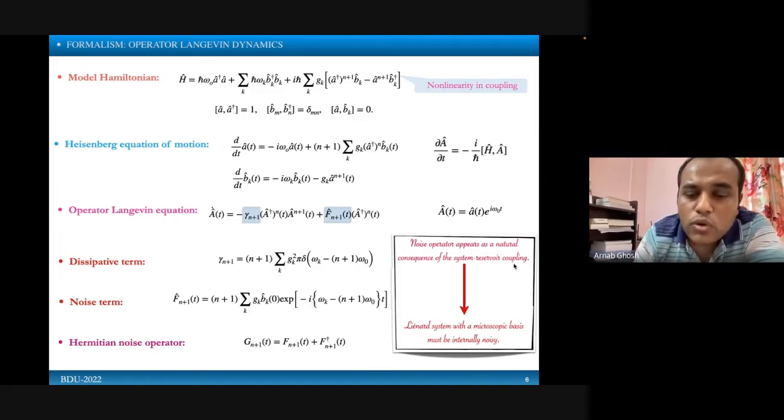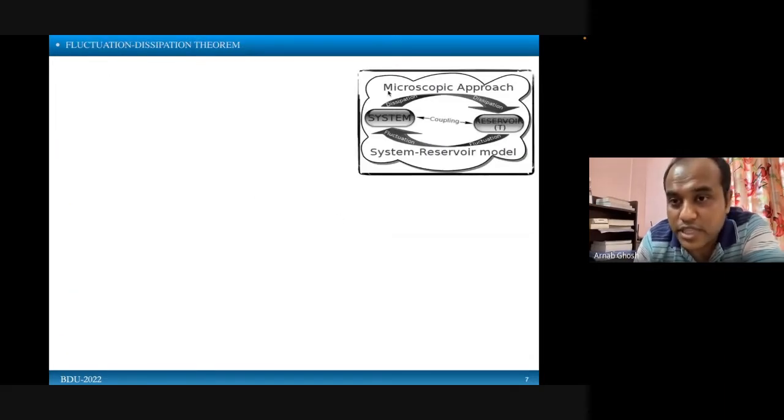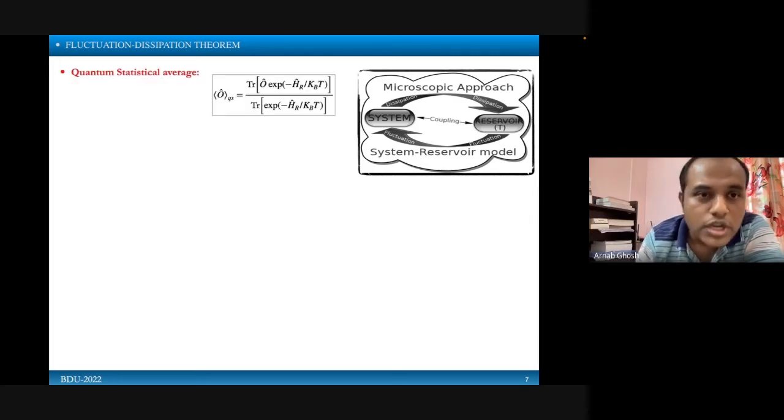Now, just to show that there is a balance between this noise and these dissipations, even in this operator picture, we have to calculate the quantum statistical average of these noise operators, and this must give, as I discussed from the system-reservoir model, the fluctuation-dissipation relations between this noise and the bath operators.